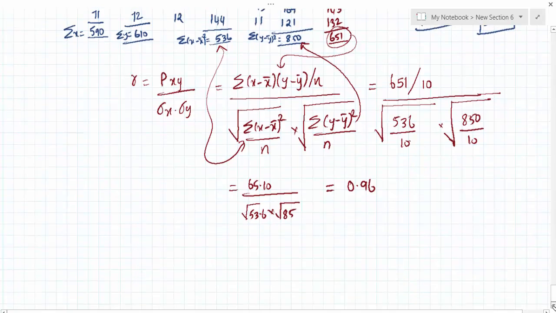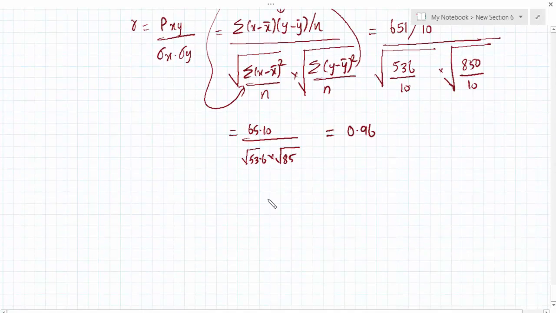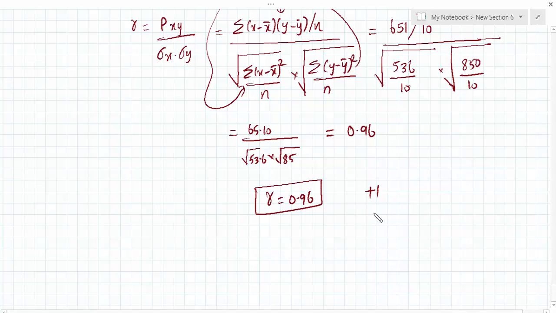So here what we get is R is equal to 0.96. So this is the correlation coefficient, and this R of 0.96 is very close to 1. And when the correlation coefficient is 1, there is a perfect positive correlation, and this R equal to 0.96 is very close to 1.